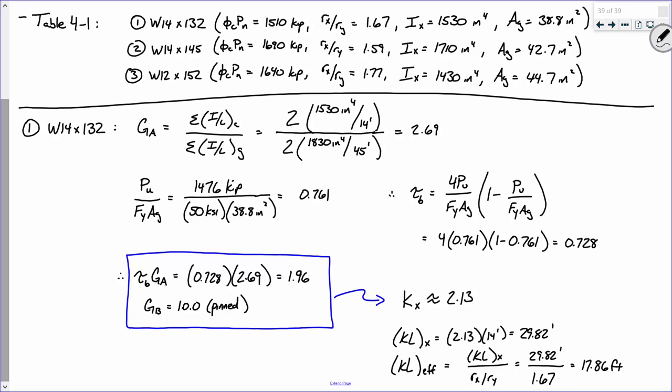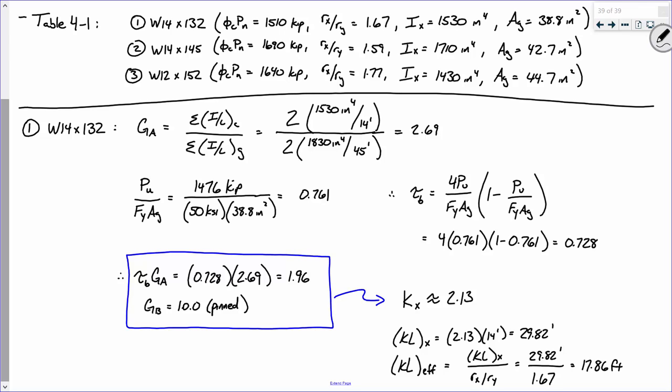Oh, hold on. Wait. Think about that. Longer length means longer slenderness. Larger slenderness means weaker column. If it was the other way around, if it was like 12, then we could have that. That's easy to mix up. There's nothing wrong with that. Okay.